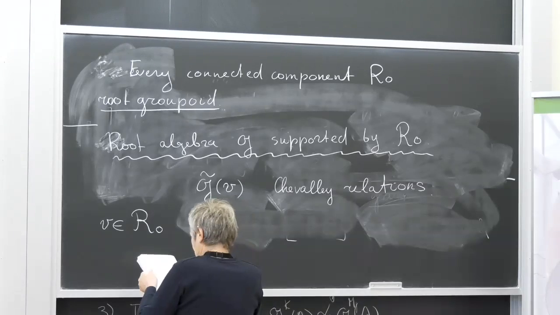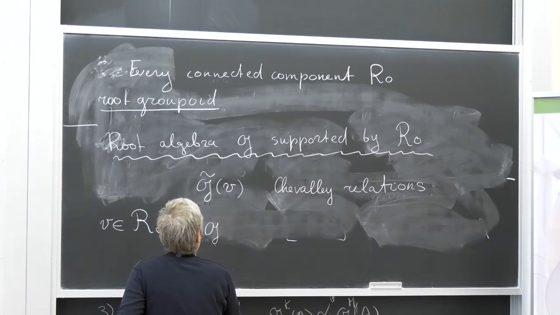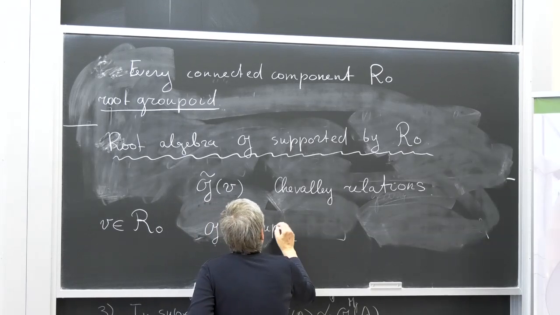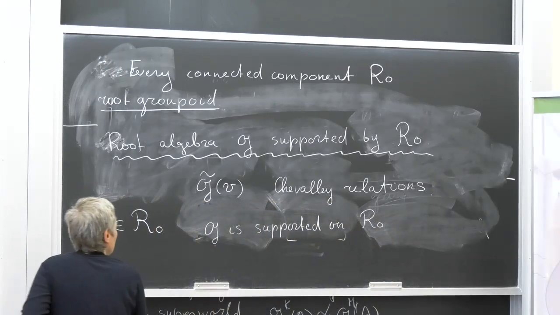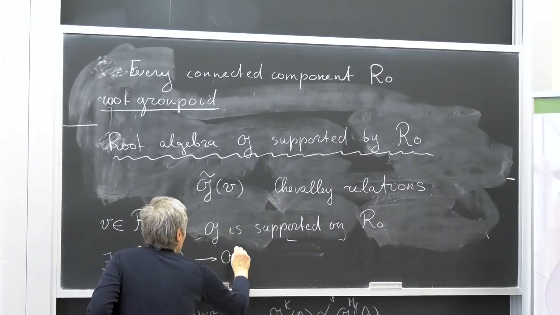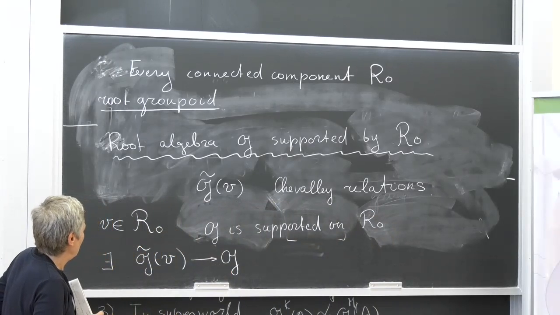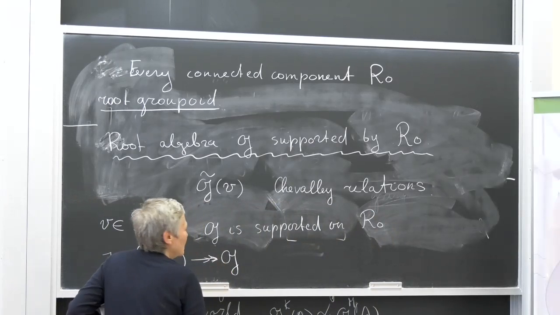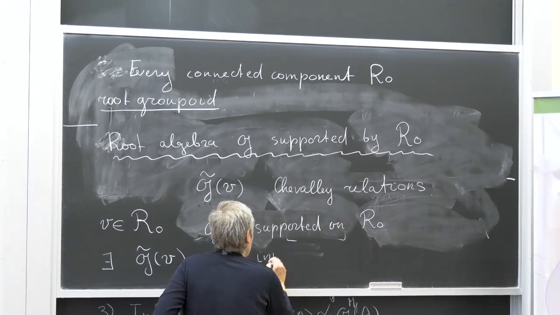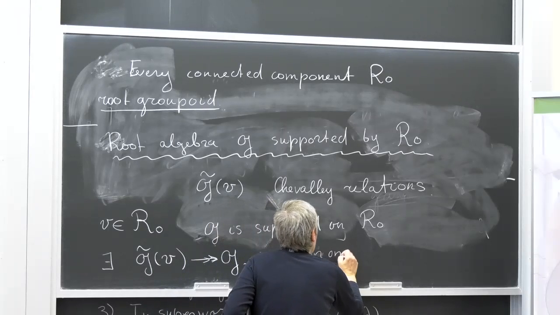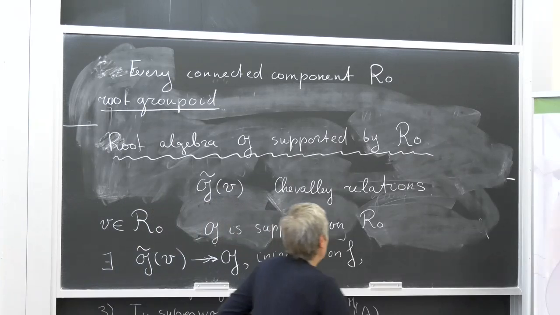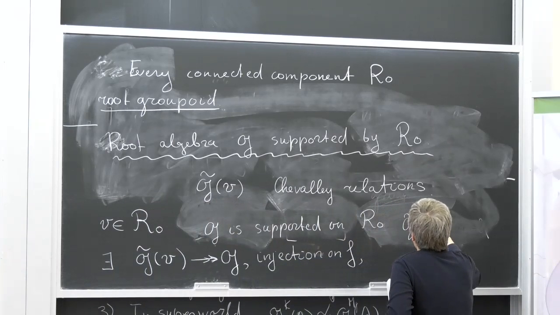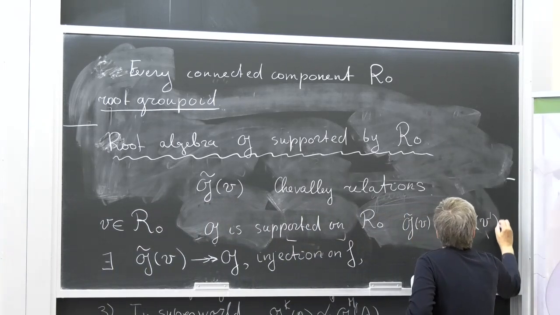But what I can do now, I would say that G is supported on R naught if I have a surjection for each V, and the restriction to H is an injection. And it is consistent with the groupoid.